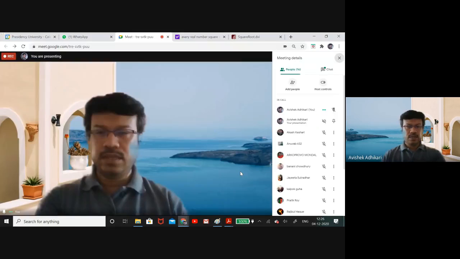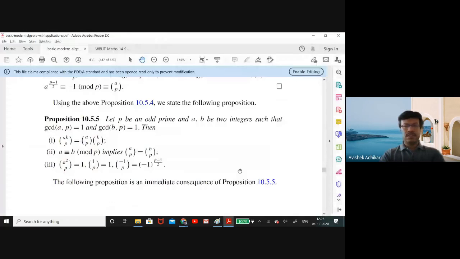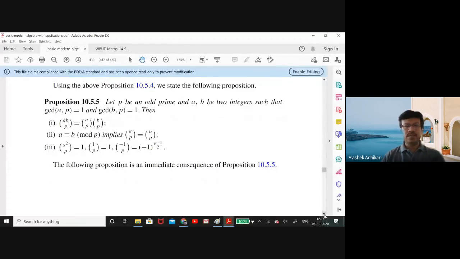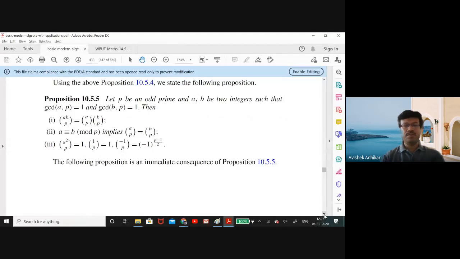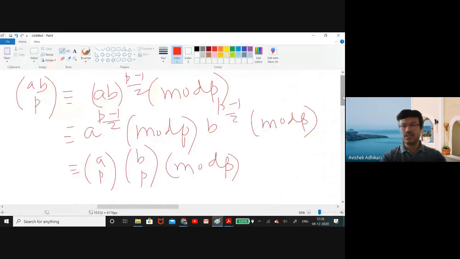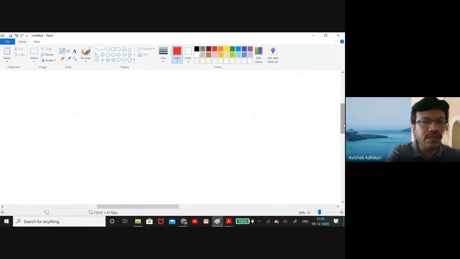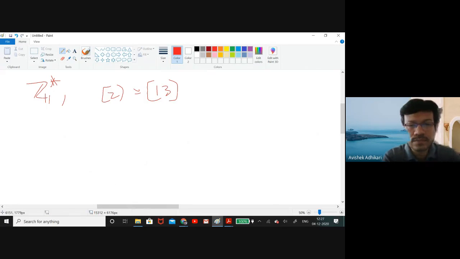Okay. Now the second result is again an important one. If you have A congruent to B mod P, it implies (A/P) equals (B/P). For example, if in Z11 star I am considering that class 2 is equal to class 13, then what is (2/11) and (13/11)?